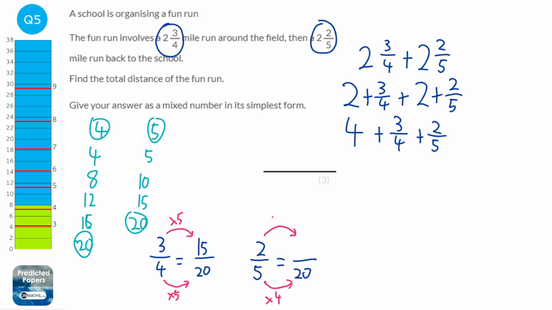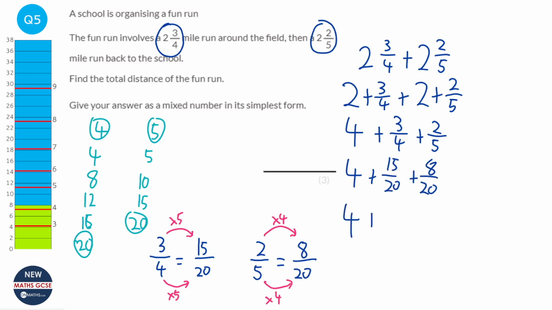And so we've got to times the top by 4 as well, to make it 8. So it's going to be 15 over 20 plus 8 over 20. So we need to add the numerators. So it would be 15 plus 8, which is going to be 23 over 20.